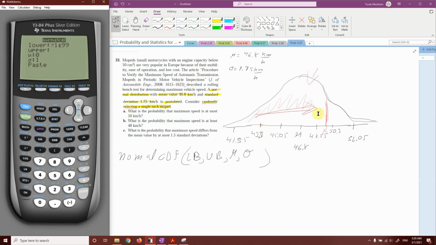Now, my lower bound in this case needs to be a number as low as I can do here. As you can see, pretty much the third standard deviation right here is 41.55. So any number lower than that will work. Oh, I'm sorry, let me rephrase that. Any number way lower than this will work. For example, 0 will be a good example.